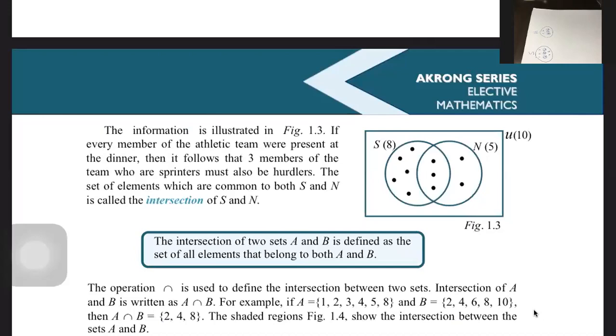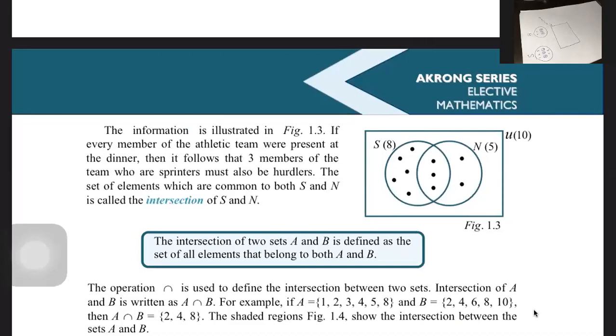Now I can combine these diagrams. So this is what I have. Now I have my U here, which represents the universal set. In the universal set, you don't tell whether this belongs to that or this belongs to that.